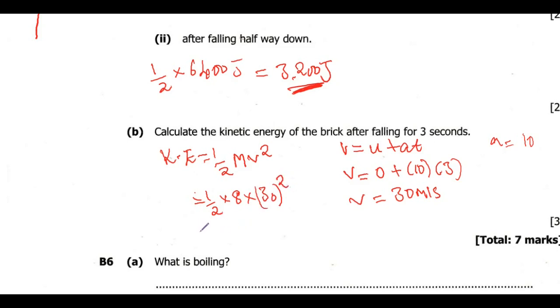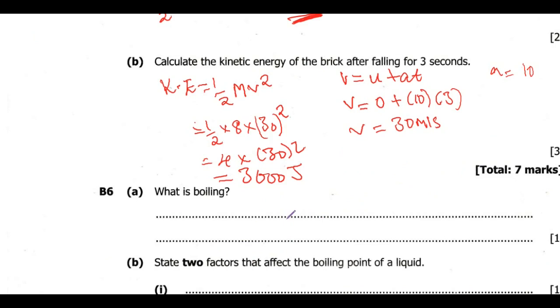This will be 4 times 30 squared. 4 times 900, we get 3,600 joules.